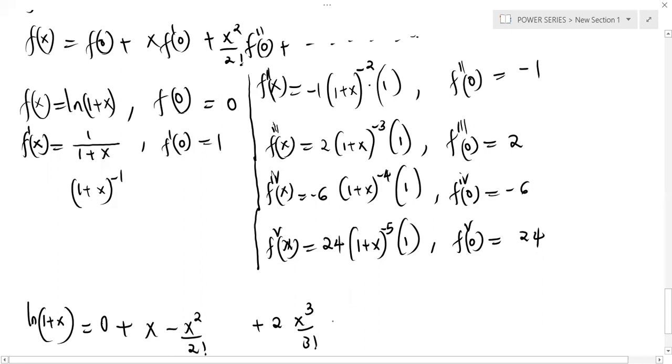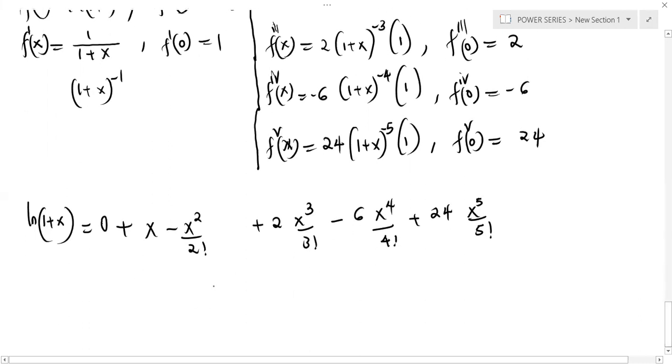Our fourth prime is minus 6, then we have x raised to power 4 over 4 factorial. Our fifth prime is 24, then we have x raised to power 5 over 5 factorial.